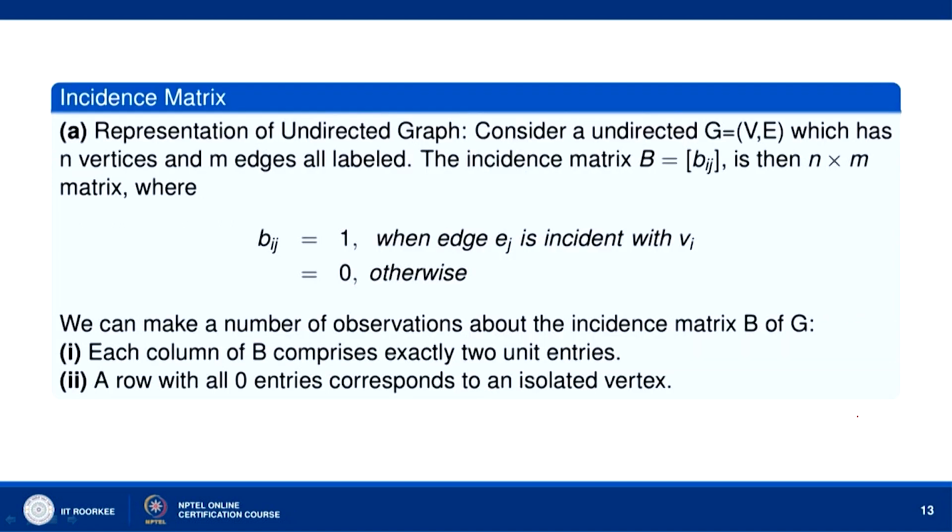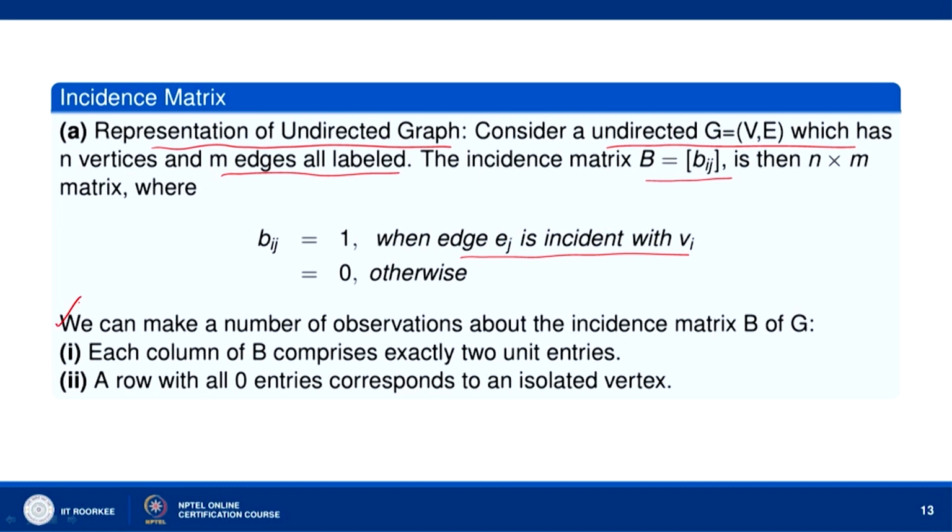Now let us go to the incidence matrix representation of an undirected graph. First we discuss this. Consider an undirected graph G equal to (V, E), which has n vertices and m edges, all labeled. Now, the incidence matrix B equal to [Bij] is then an n by m matrix, where Bij equal to 1 when edge Ej is incident with vertex Vi, otherwise 0.